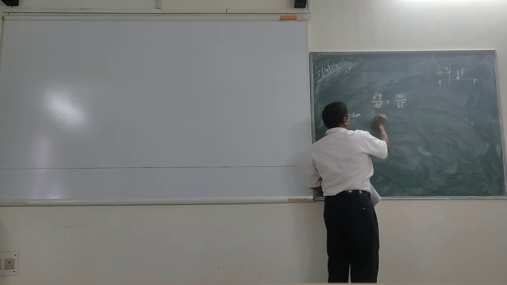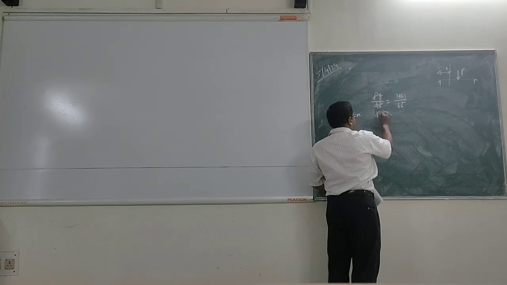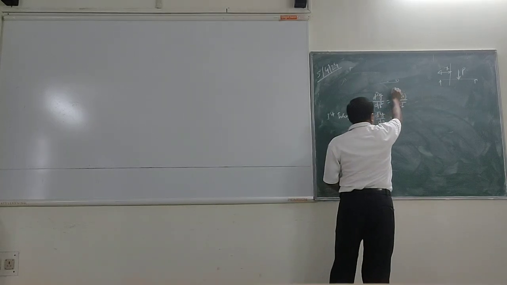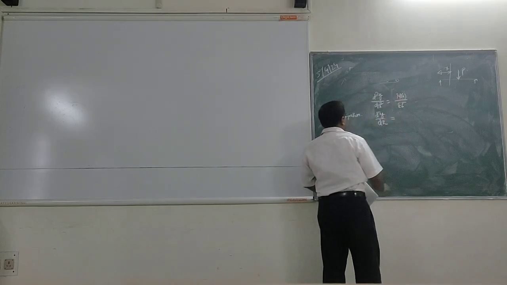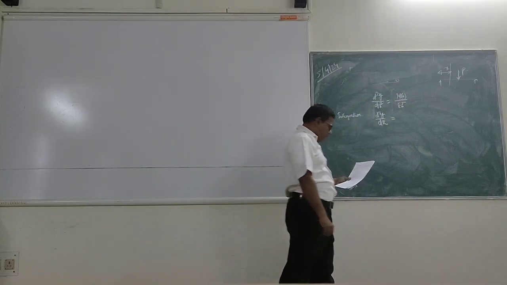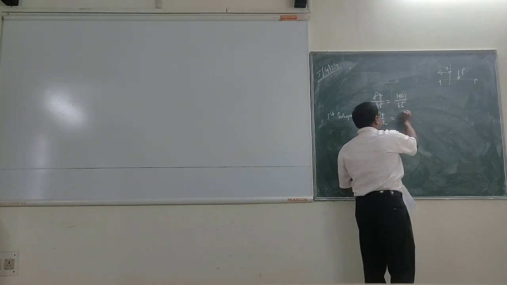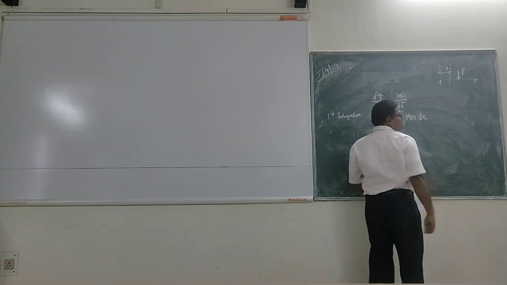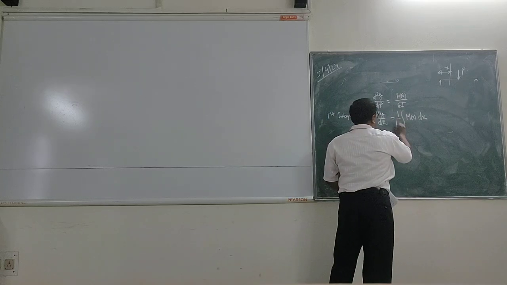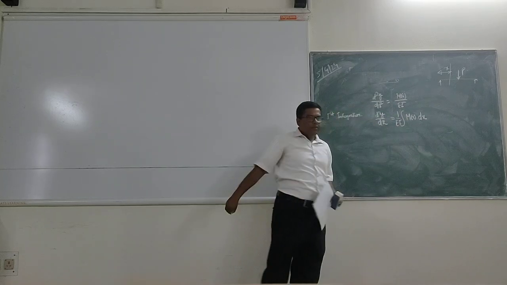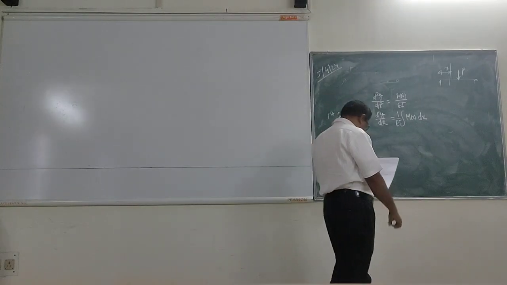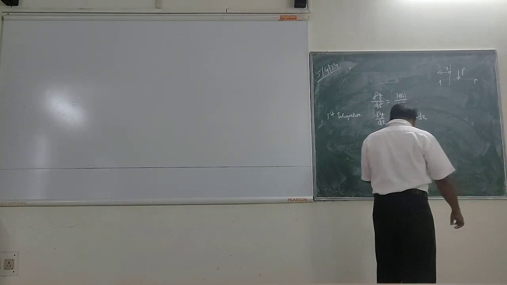The first integration of d2y/dx2 will become dy/dx, and on the other side I will get the integral of M(x) dx, and 1 by EI obviously will come outside because it is a constant term.